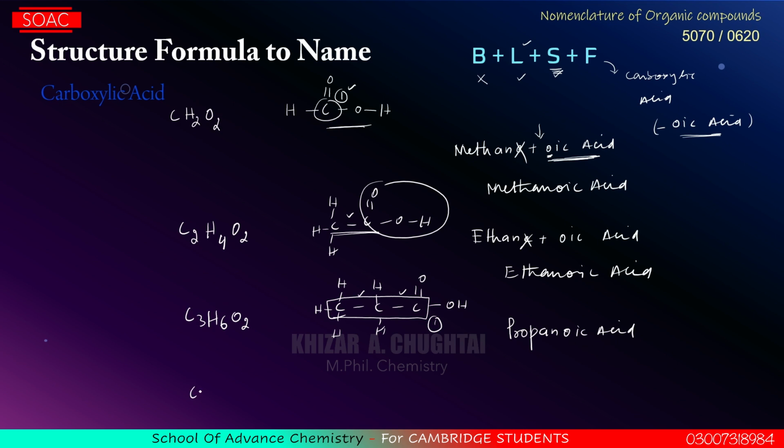In case of 4 carbon atoms, the formula is C4H8O2. And the 4 carbon atom acid is this one. Now you will have to check the longest chain.